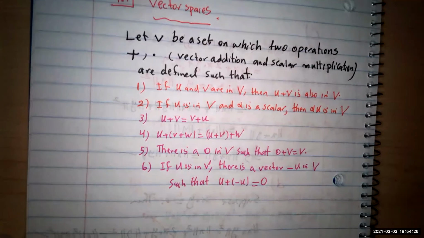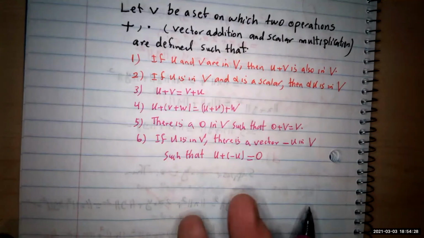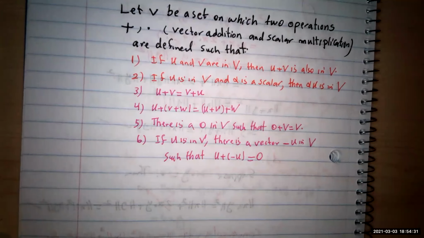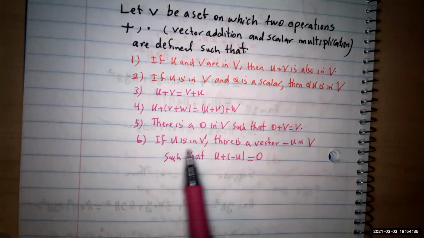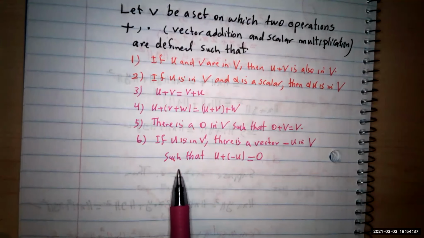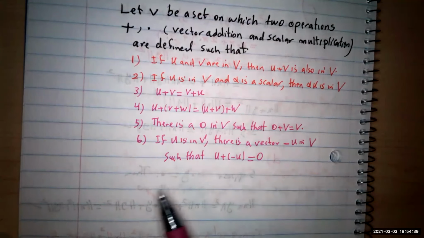So you should have something similar to the zero. We call it the zero vector. It's a zero vector if it satisfies this condition. So every member in your set would have an opposite. It's very much like the addition.